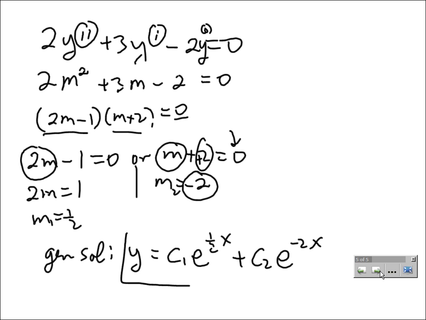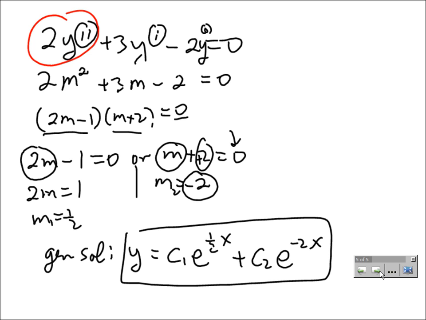You can calculate the second derivative of this and then multiply that by 2. Then calculate the first derivative and multiply that by 3. And you have y in front of us. Multiply it by 2. And if you add and subtract like it says, you should get 0.